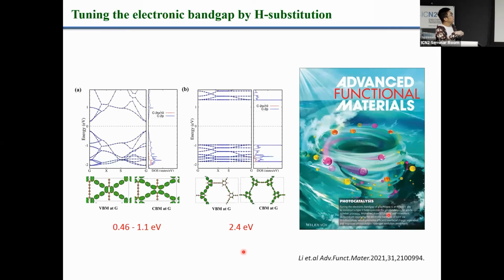So as I mentioned before, graphene has a natural bandgap, but its bandgap is very narrow, just from 0.46 to 1.1 eV.